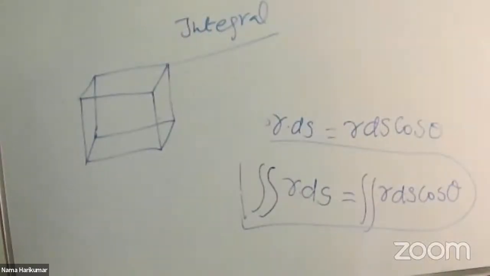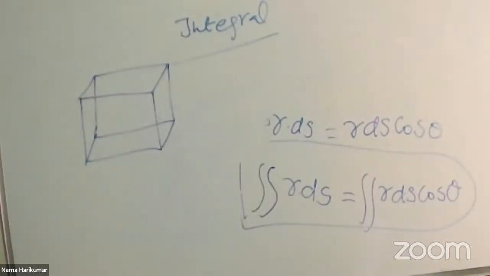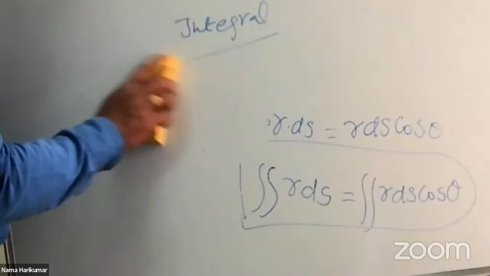Now it is clear. Yes, sir, we are able to see. Clear, sir. Okay. Board is visible, sir.